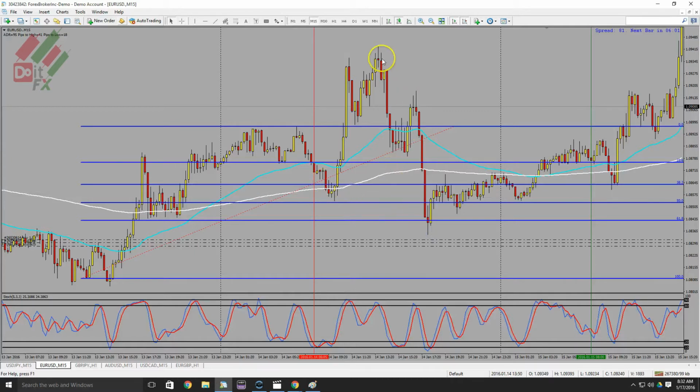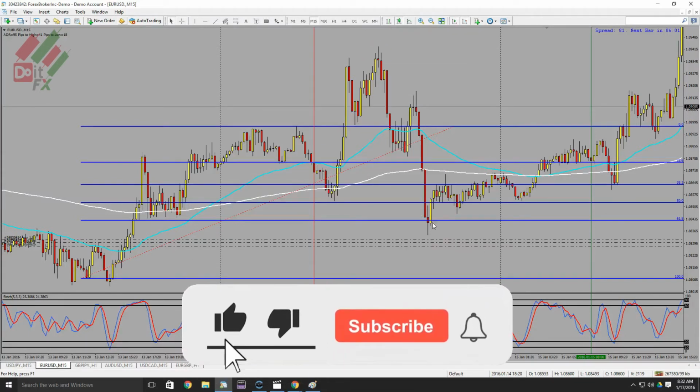The market collapsed from the highest point. It collapsed 100 pips. Think about it. If you had one standard lot right here, you were hella negative, $1,000. So anyways, the fakeout works like this.